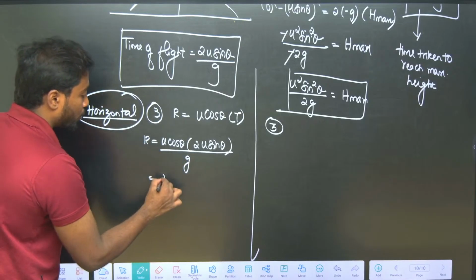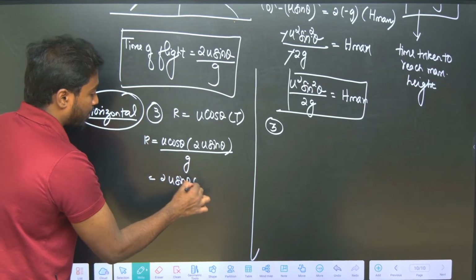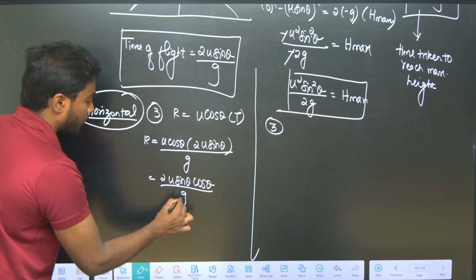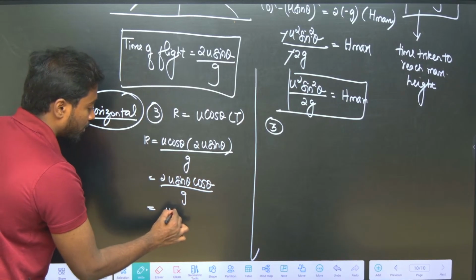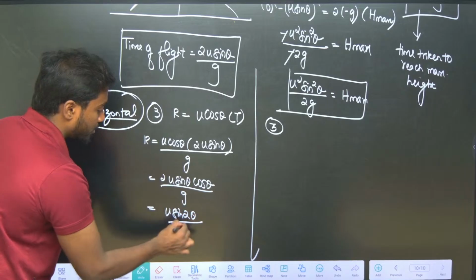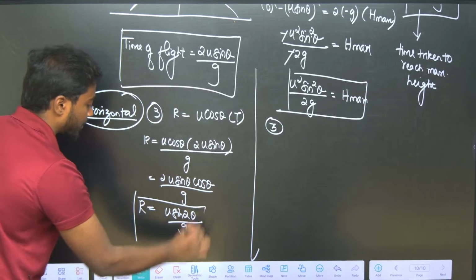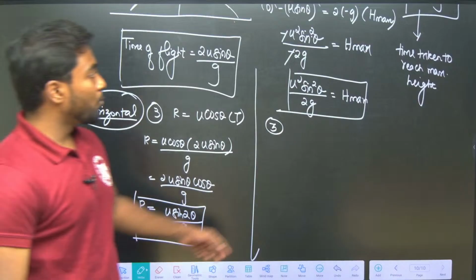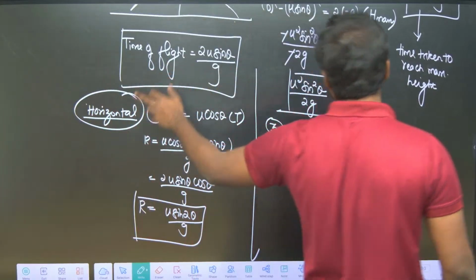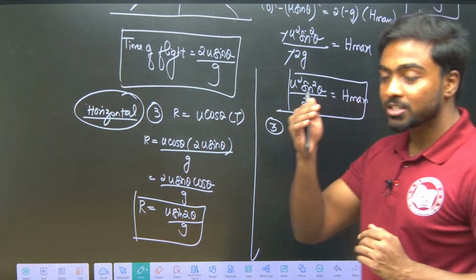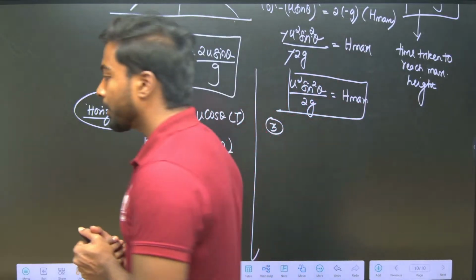So 2u square sin theta cos theta by g, which is nothing but u square sin 2 theta by g, which is the range. That's it. We got the range value, maximum height value, time of flight value, and how much time it takes to reach the maximum height also, right.